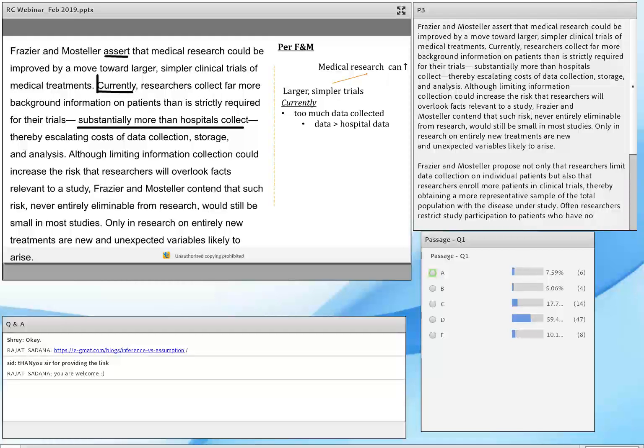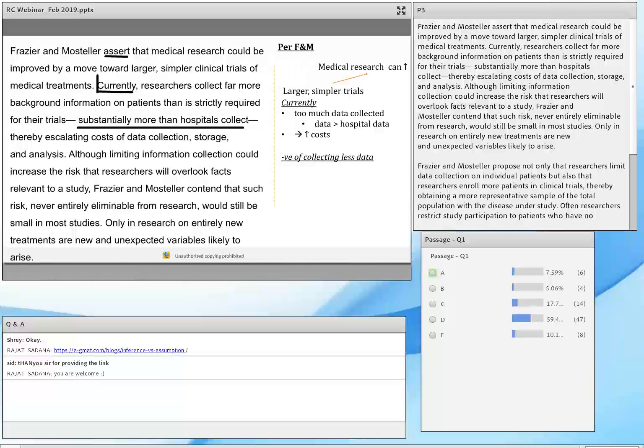The amount of data they collect leads to escalating the costs of three things: data collection, data storage, and data analysis. So these are the negatives of collecting more data. Then the author says, although.